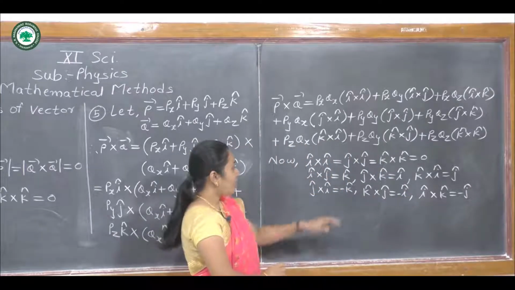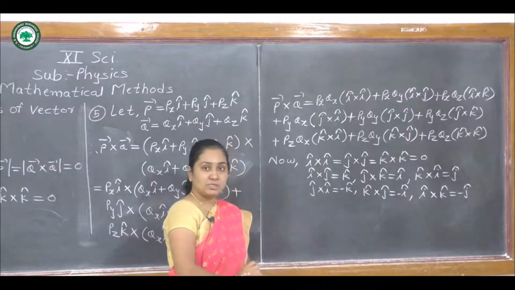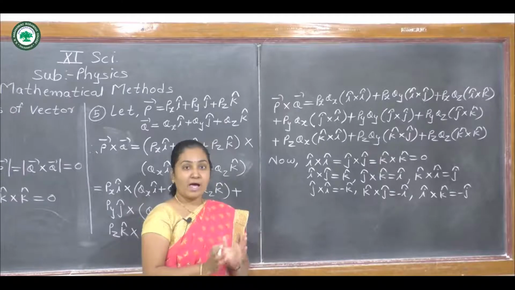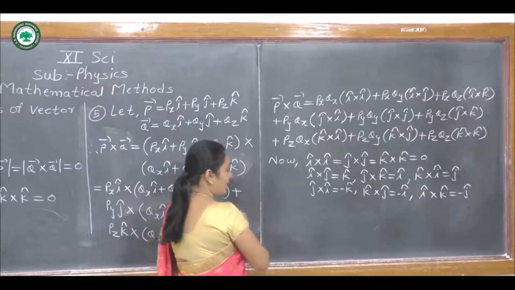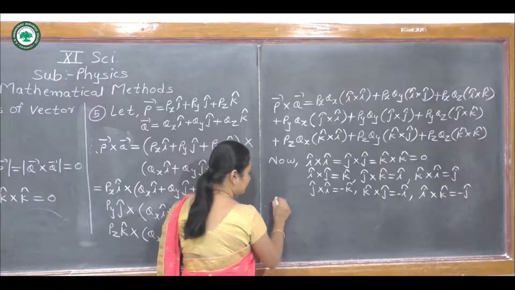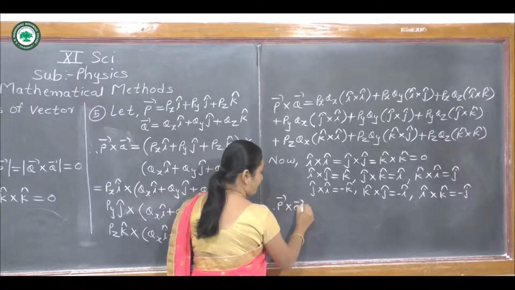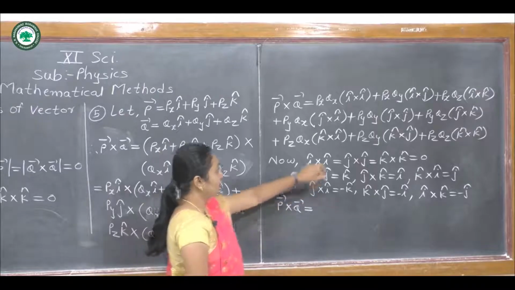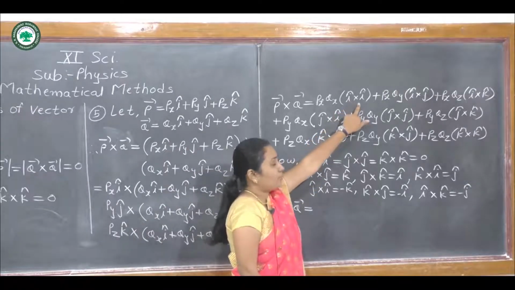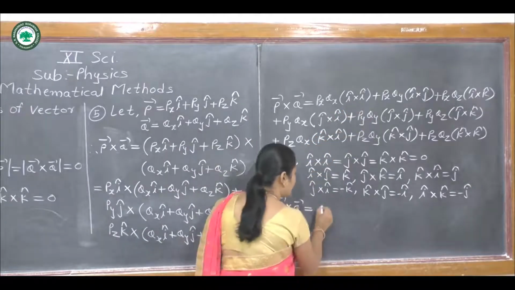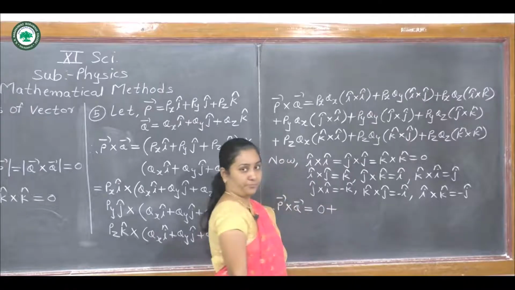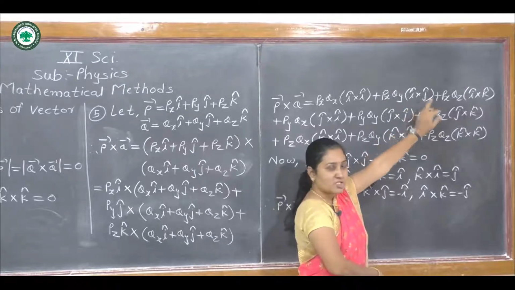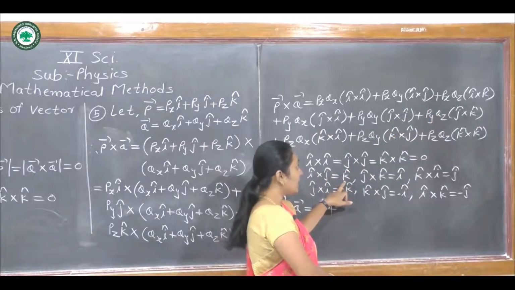So now by using these values in this equation, we can simplify the equation. Therefore we can write p bar cross q bar is equal to i cap cross i cap, 0. So first term is 0. Plus in second term i cap cross j cap, so it is k cap.